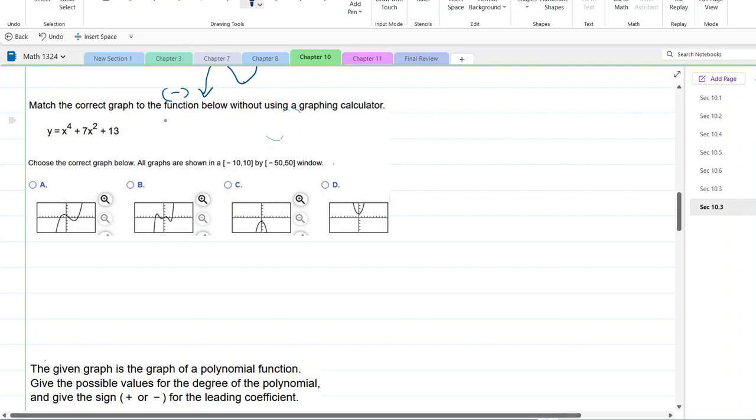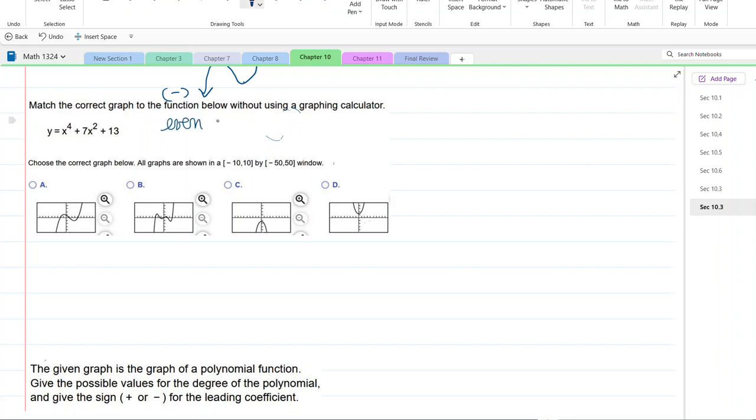And this one is an even polynomial of degree 4. So therefore we have 4 minus 1 turning points possible.